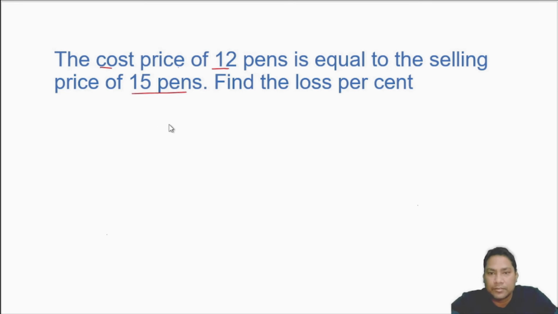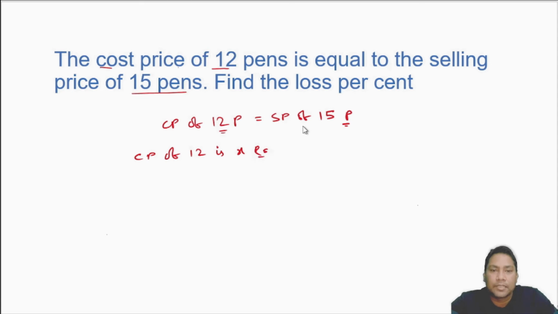So friends, in this question they have given that the cost price of 12 pens is equal to the selling price of 15 pens. Let's say the cost price of 12 pens is X rupees. Then the selling price of 15 pens will also be X rupees.